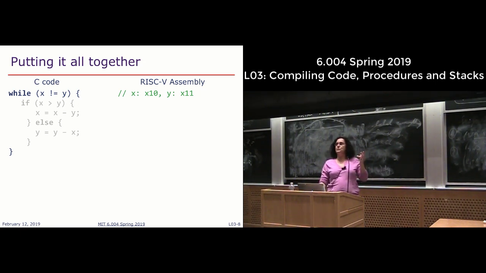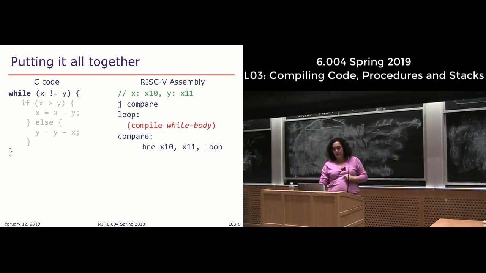The first thing I do is associate some registers, specifically x10 and x11, with my variables. I then apply the recipe for my while loop to replace this while x not equal to y. So what do I have to do? I first jump to compare. This checks, is x not equal to y? If it is, jump to loop and execute that while.